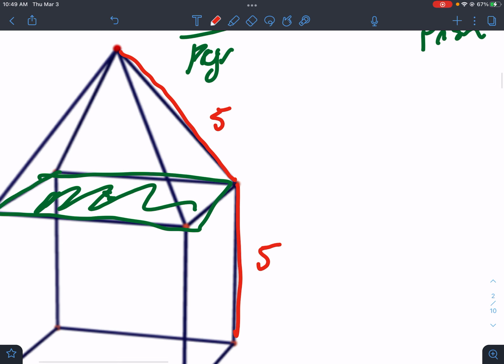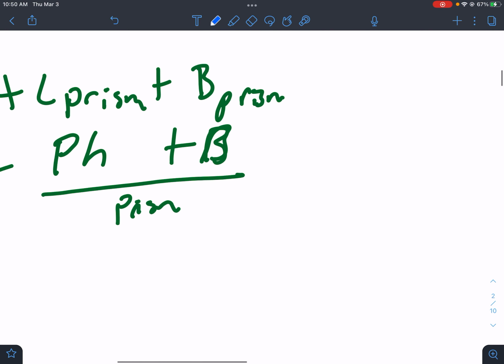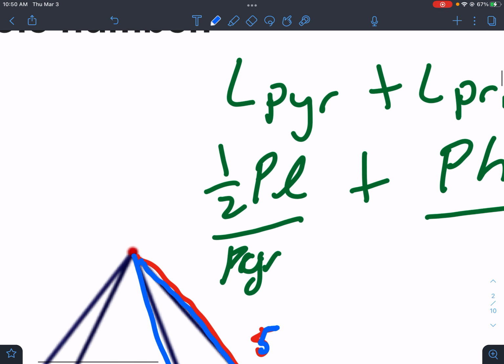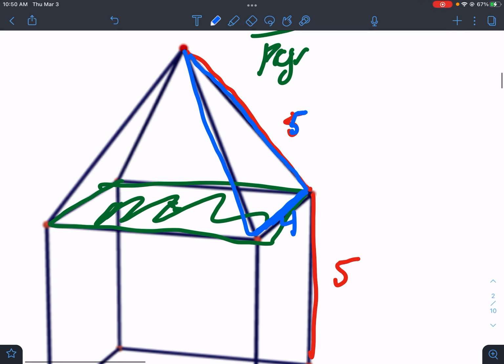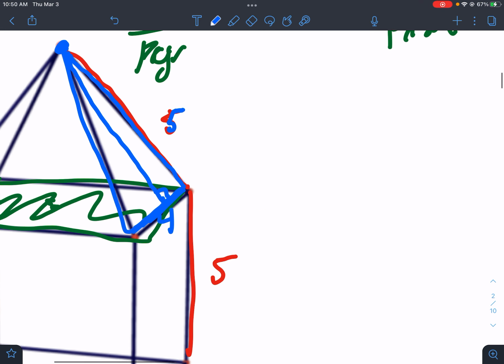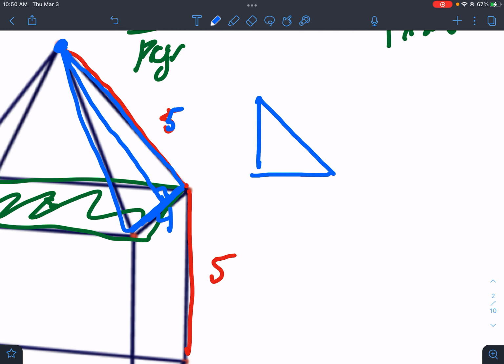We know, so let's focus on this blue triangle, the parts that we know. We know this side's 5. We know this entire length here at the bottom is 4. We need the slant height. The slant height starts at the apex and goes down the middle of the side. So we have a right triangle here with a hypotenuse of 5.